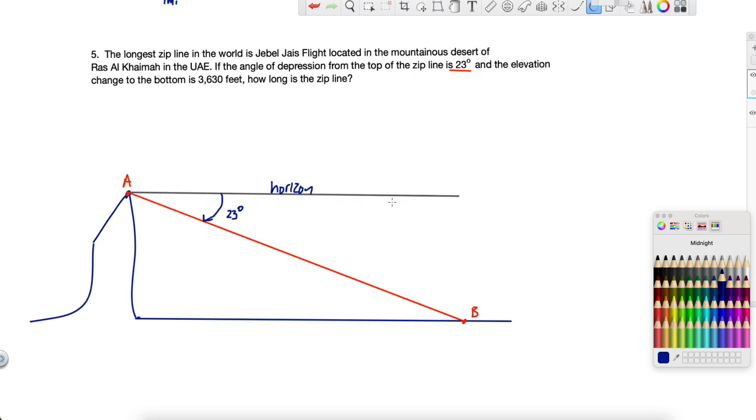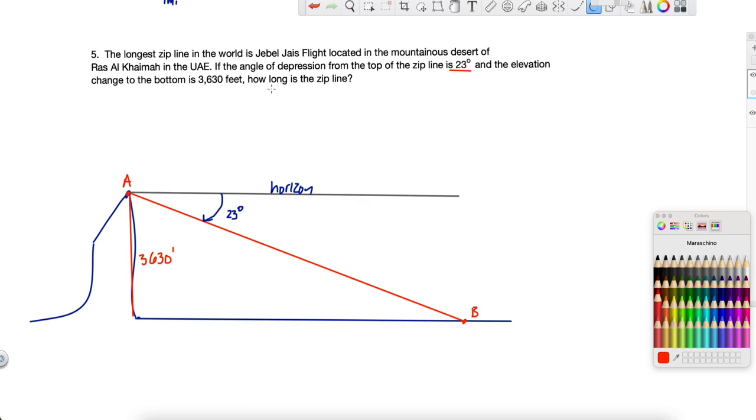And we could put this in a couple places. I think I'll put it right here. I want to find what this is. I'm given this: the elevation change to the bottom is this right here. Let's make this red. So that is our elevation change, 3,630 feet right there.